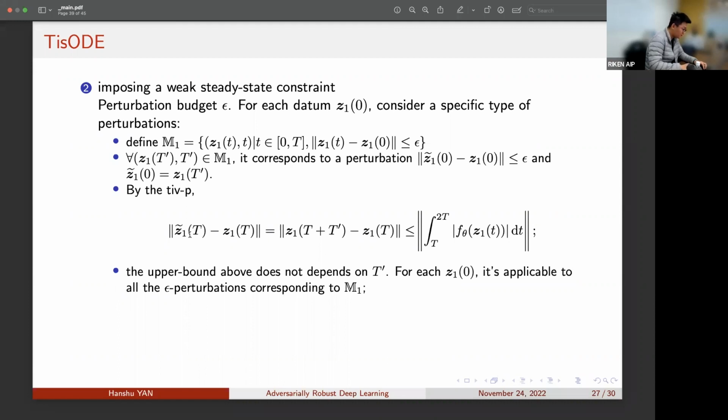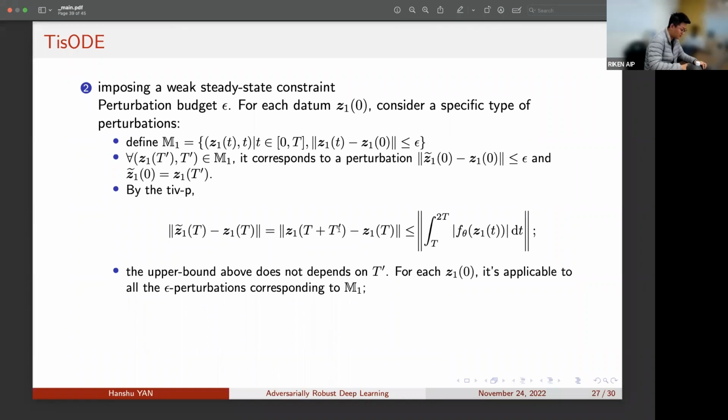So it is nothing but tilde z1 evaluated at T and z1 evaluated at T. So based on the time invariant property, we know that the trajectory of tilde z1 is nothing but the horizontal translation of the original z1. So this value is the difference between the states evaluated at different times of the original trajectory z1.